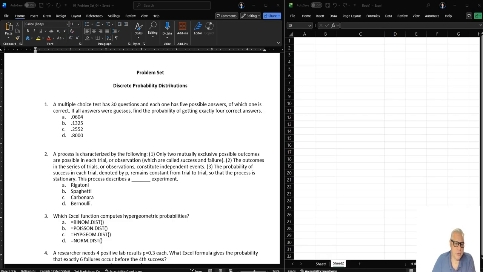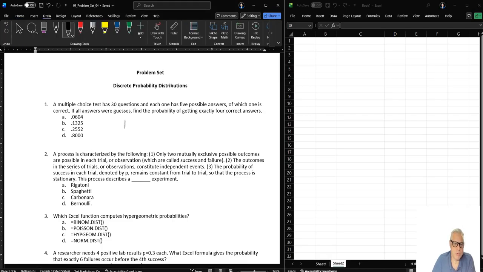We have 30 trials, and we want to know the probability of x equals 4 successes in n equals 30 trials, when the success probability p is 1 over 5, 0.2. The word "exactly" tells you we don't want it cumulatively, so in Excel it would be a 0.